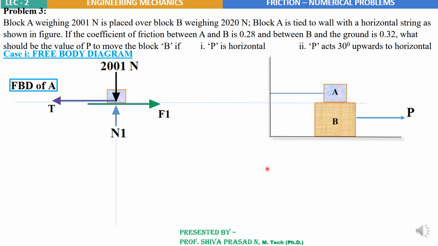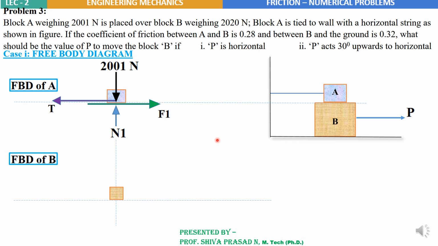Now let's draw the free body diagram for block B. I'll choose the x-axis at a lower level. Let's consider the block in the center.